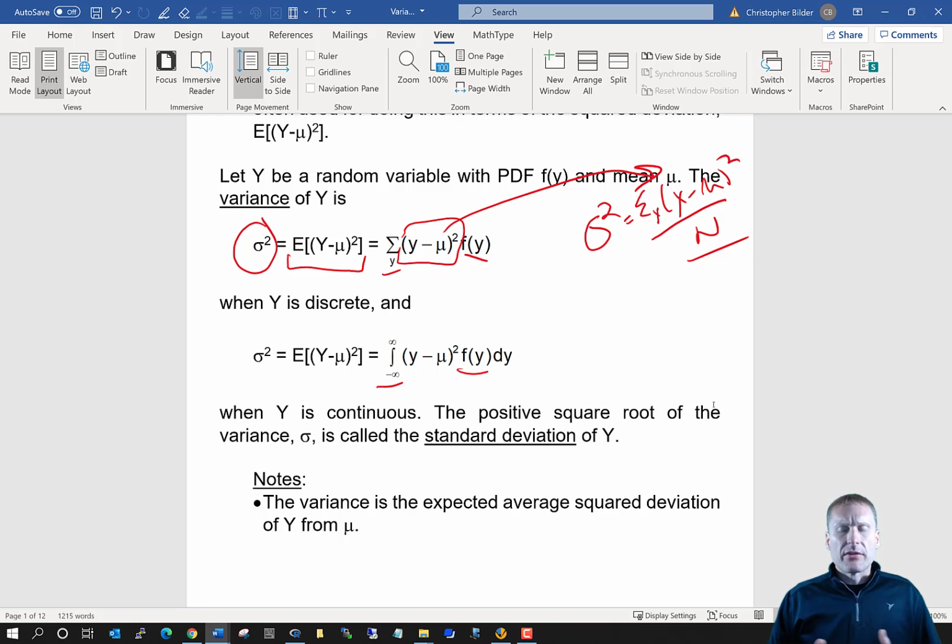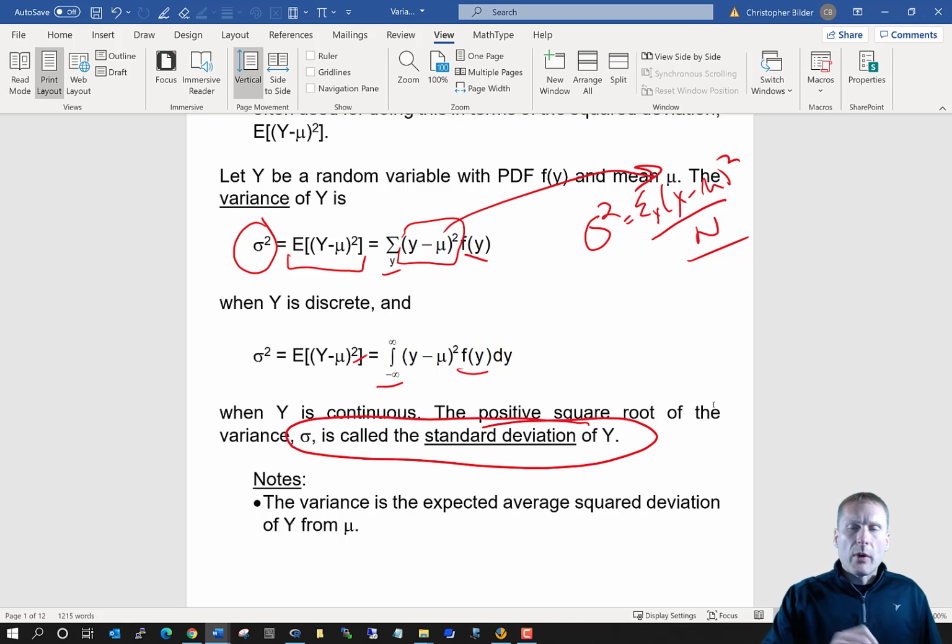So that's the variance. With the variance, we can also talk about the standard deviation, and all that is the positive square root of the variance itself. Very often, we will prefer to work with the standard deviation instead, because if we look at the variance, notice we have a square term there.